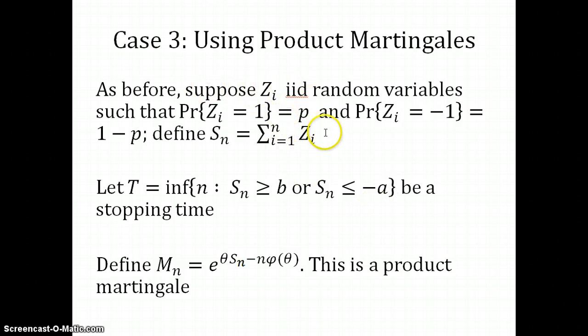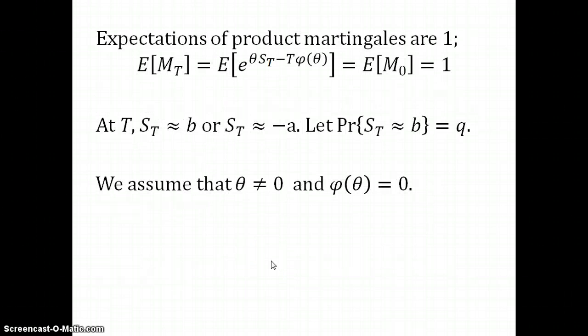So we'll have the same conditions as before, IID random variables, and it's possible there is some drift to this. We'll let t be the smallest time that we hit one of the two boundaries, and this is a stopping time. A product martingale we will define as such, the exponential of some value theta times the random walk at time n minus n times some function psi of theta.